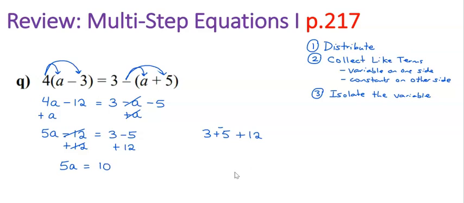If you have a way you prefer, the collecting the like term step can be different for each of us. But what's important to know is now when we get to the isolate the variable step, we will all come to the same conclusion. So I'm going to divide by 5 here to isolate a, and 10 divided by 5 is 2, so a is equal to 2.